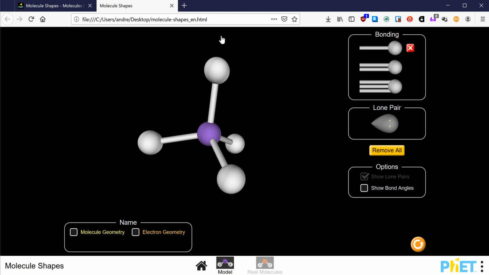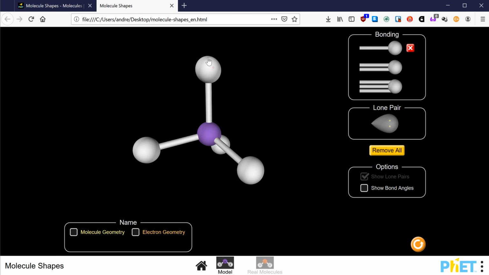Now, if we try and make the entire molecule flat, if we try imagining that this molecule is on a piece of paper and that all of these bonds are flat, that is no longer possible, because the electron pairs in each bond want to position themselves as far away from each other as possible, and now we have 3 dimensions instead of 2.